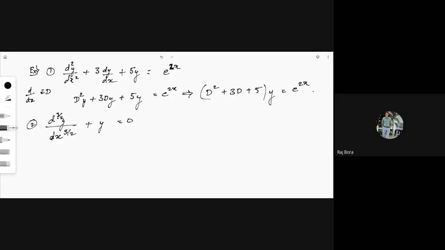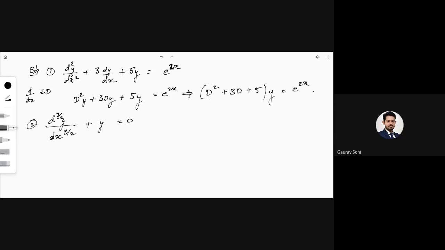We just have to identify whether it is a linear differential equation or not. Let it be, no problem at all.